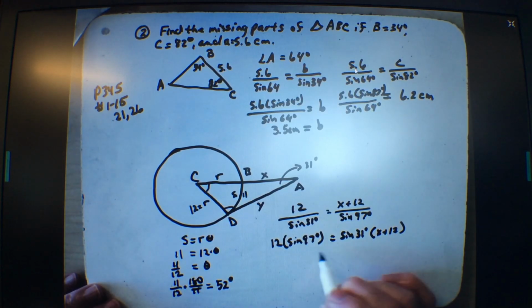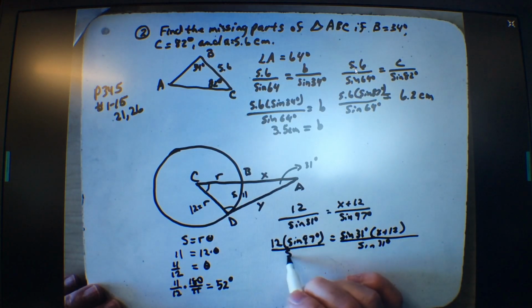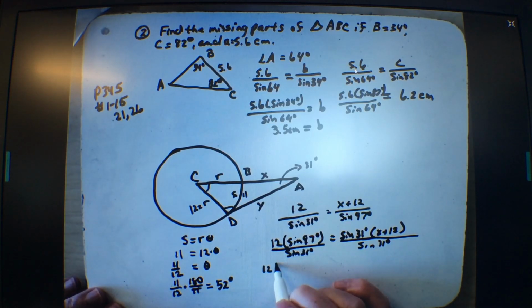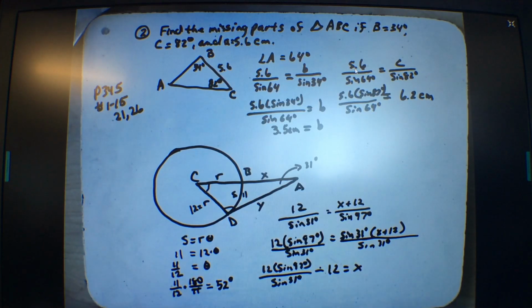So we're going to divide both sides by this. And so I'm going to have 12 times the sine of 97 degrees over the sine of 31 degrees. And then that equals x plus 12. So if we subtract 12, that'll give us x, won't it?